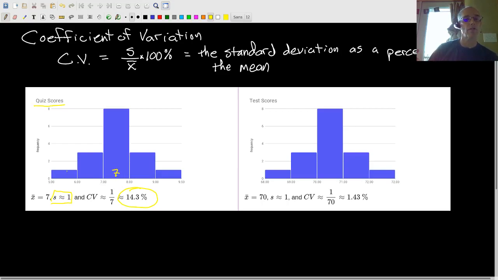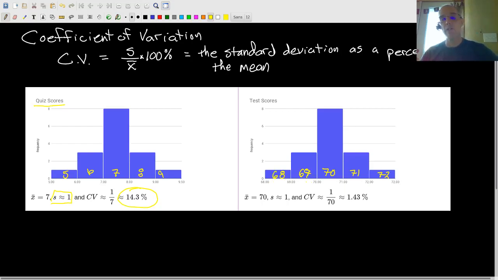So people got a score. Some people scored a 5, some people a 6, 7, 8, and a 9. Now I gave a test and the average spread was 1. But the average grade on the test was 70%. And some people got 71%, and some people got a 72%, some people got a 69, and some people got a 68.